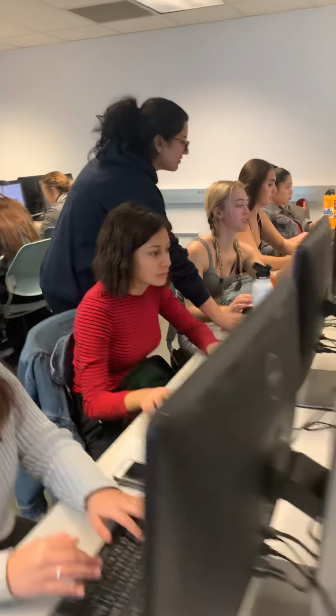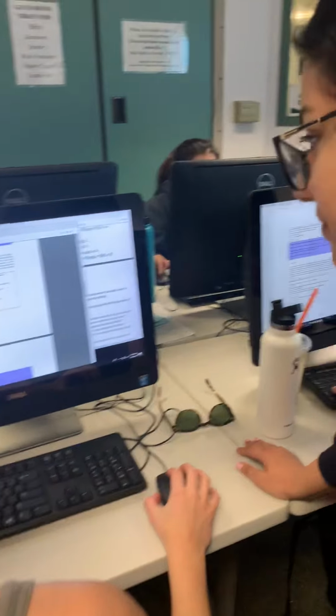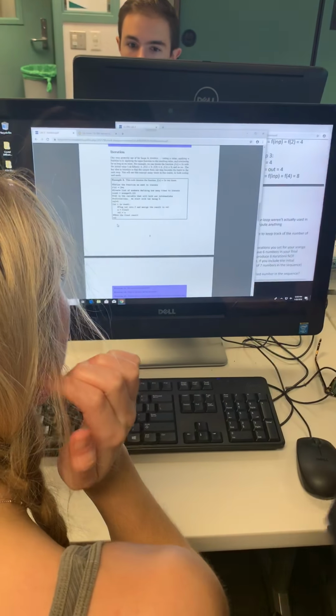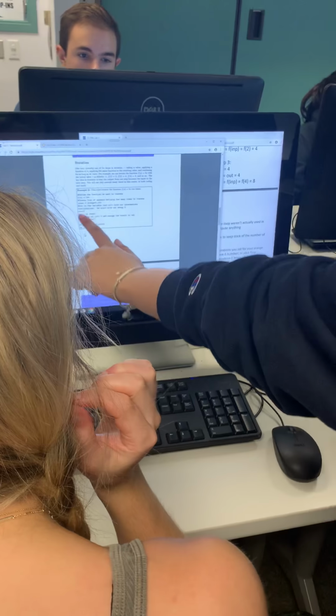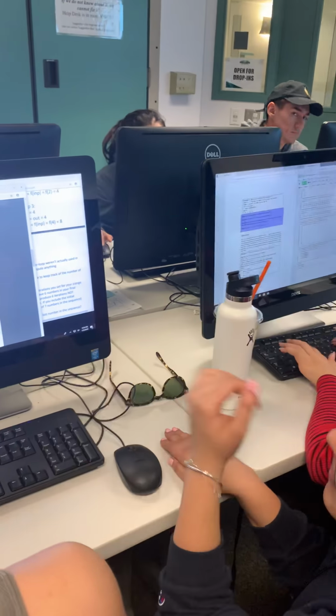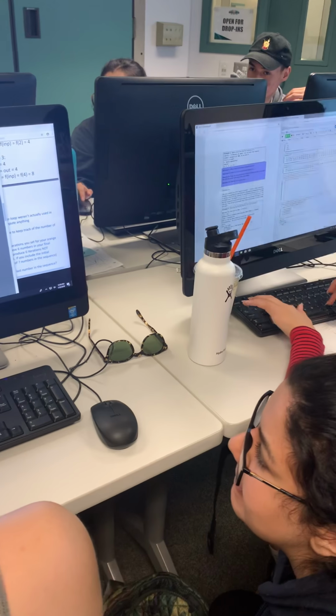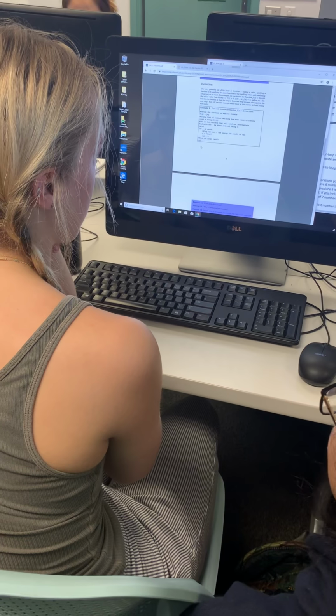I'm not quite sure why you have to say val equals A if you already said A equals F of val. Okay, so when you're saying A is equal to F of val, what does that mean? What are you trying to say? Like A equals the function of val, like 3.